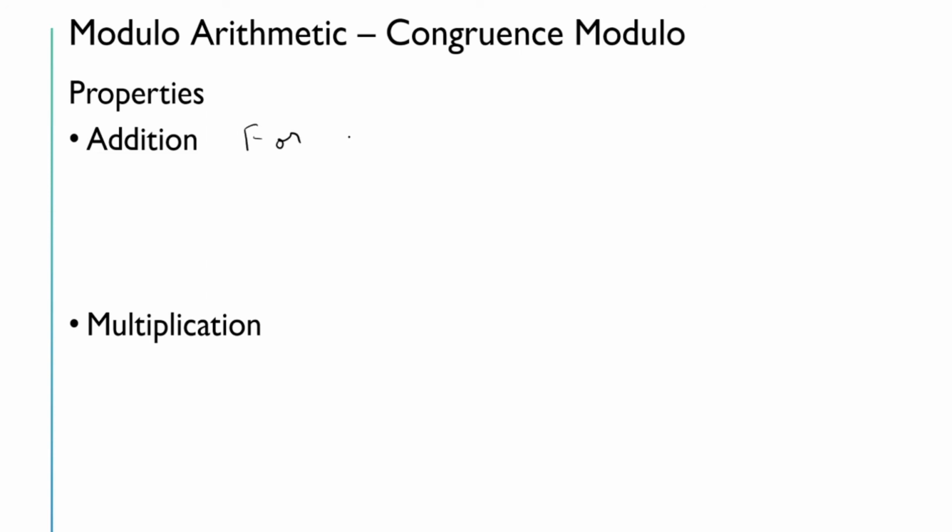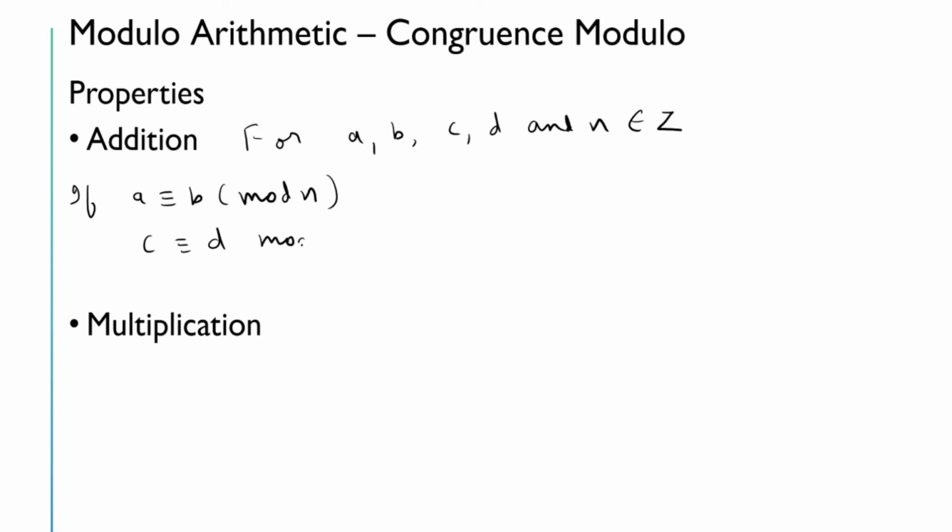So for integers a, b, c, d and a given n, all these are integers, if A is congruent to B mod n and C is congruent to D mod n, then A plus C is congruent to B plus D mod n. So this is the property with respect to addition.